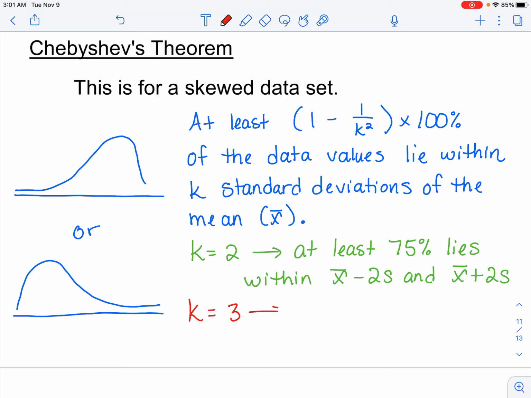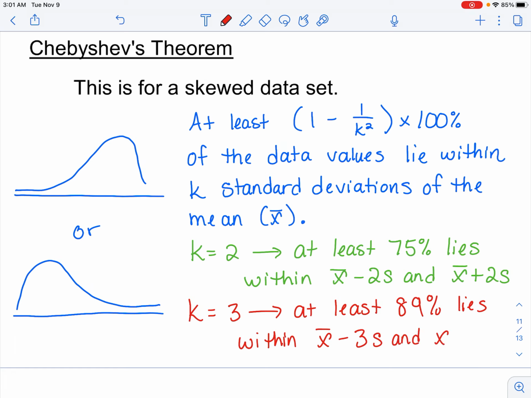If we do k equals 3, it would be 1 minus 1 over 9, because that's 3 squared. 8/9 is 89% would lie within 3 standard deviations: x bar minus 3s and x bar plus 3s.